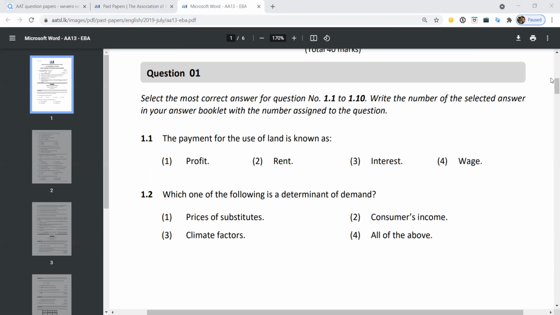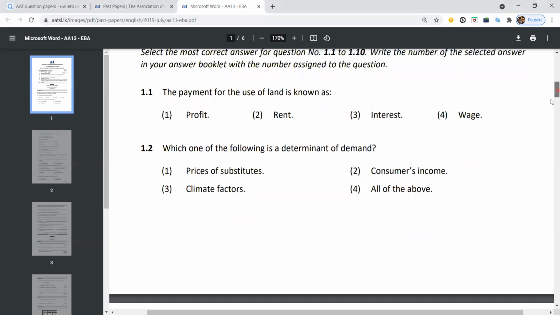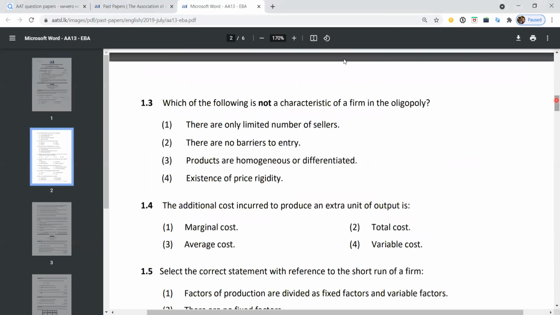Then the next question: which of the following is not a characteristic of a... oh, sorry, we can't do it.